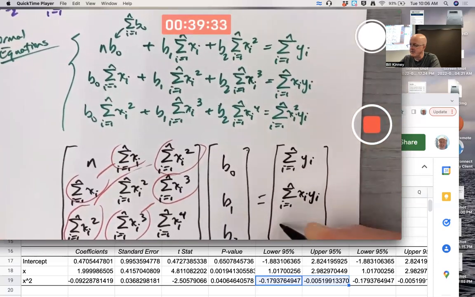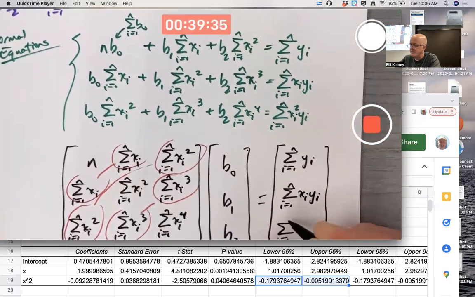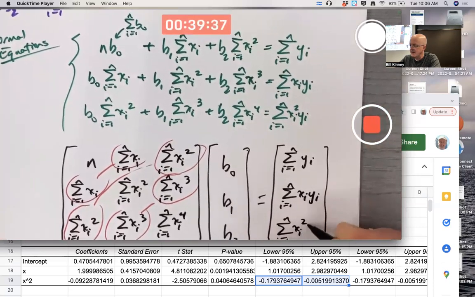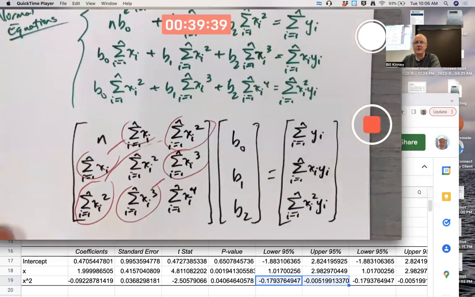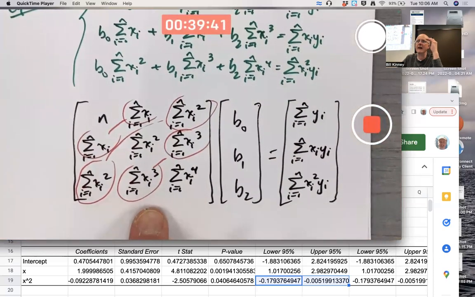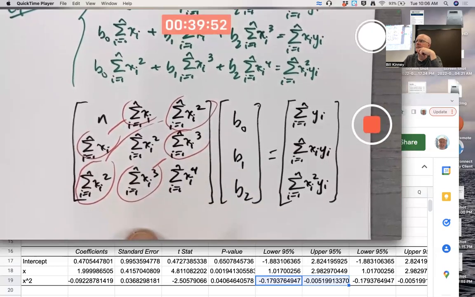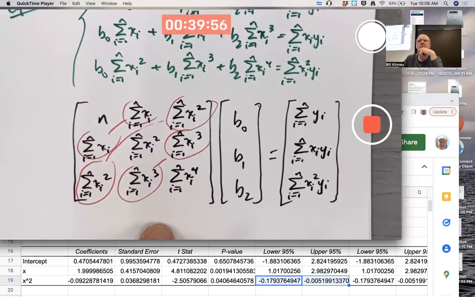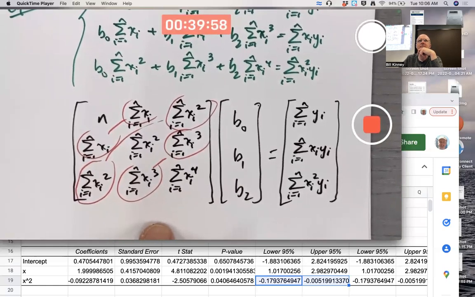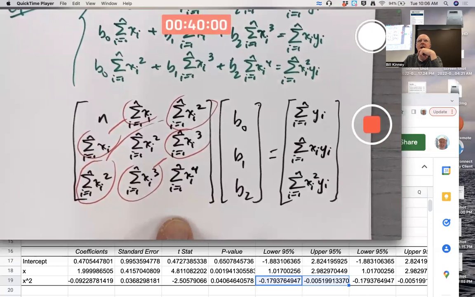You should also remember from linear algebra that if indeed this is an invertible matrix, as it will be if you've got at least 2 data points with 2 different x values, you could solve for this unknown vector by multiplying on the left of both sides of this equation by the inverse matrix of this one. I call this matrix A. I'd want to multiply on the left by A inverse.